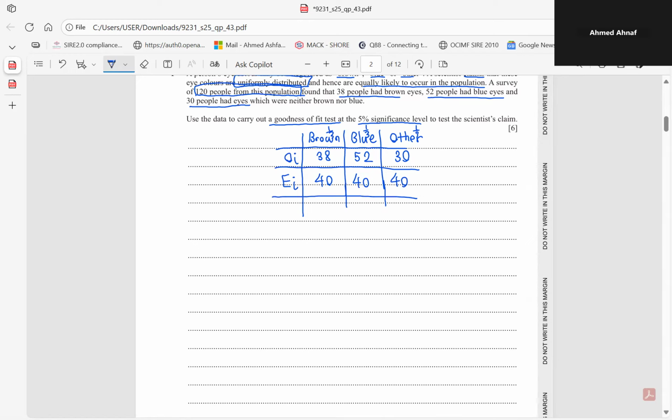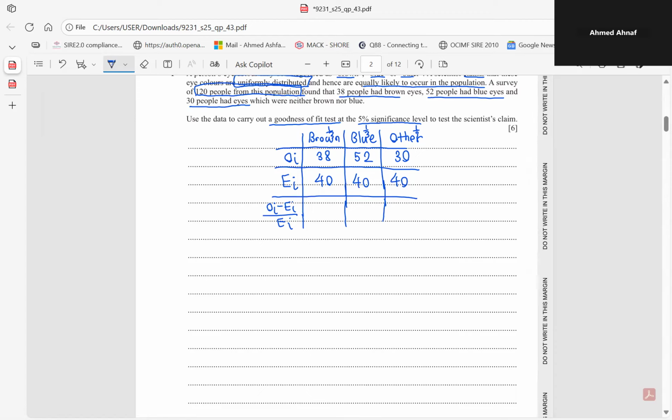After all this, we are going to find our observed frequency minus expected frequency, squared, divided by expected frequency, for each of the categories. For this one, just use your calculator. First for brown, we have 38 minus 40.